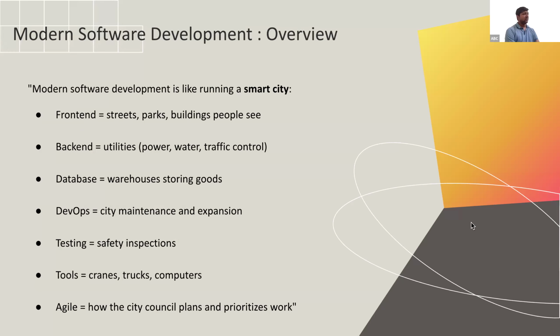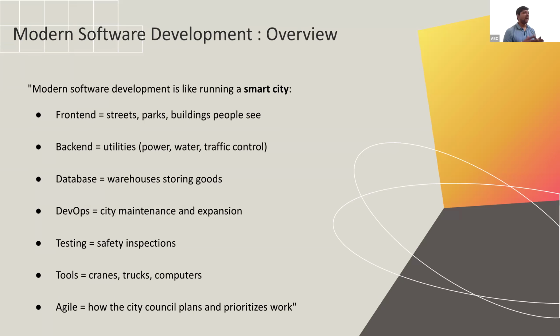So modern software development is really something like running a smart city. If there is a big project, we will need something over which users will interact. If this analogy is applied to a smart city, then all the streets, parks, and buildings are really something like the front end, the things that people use.